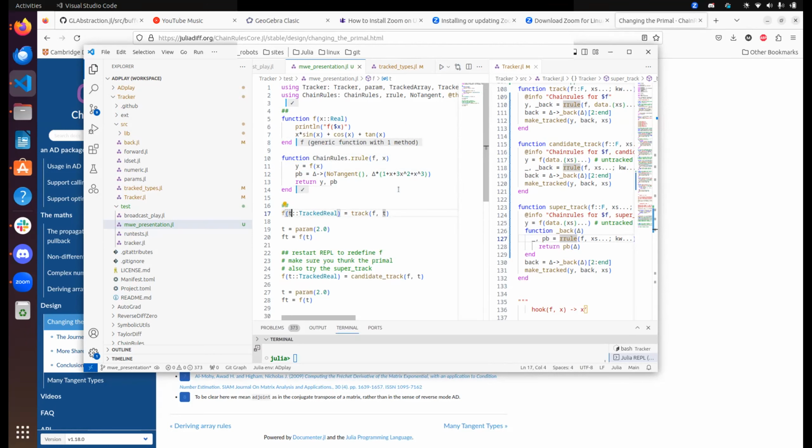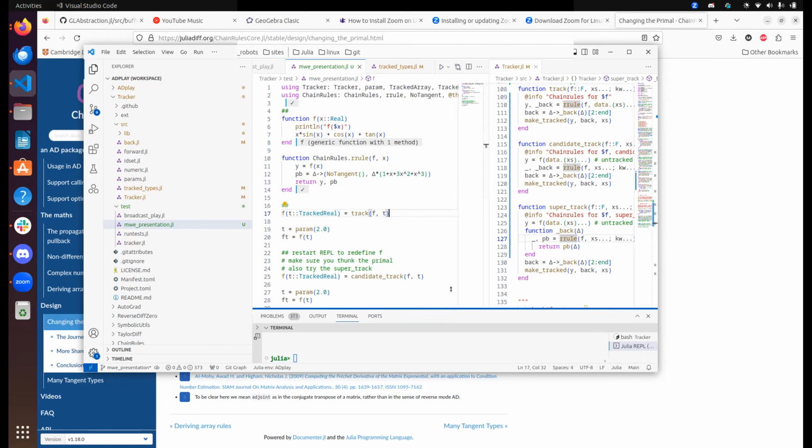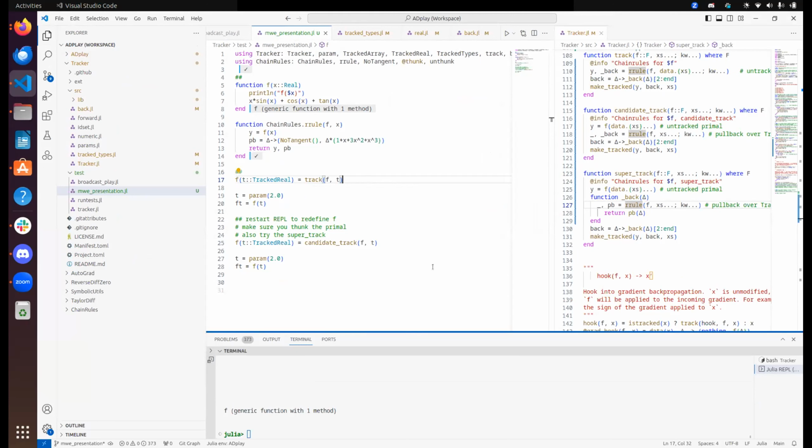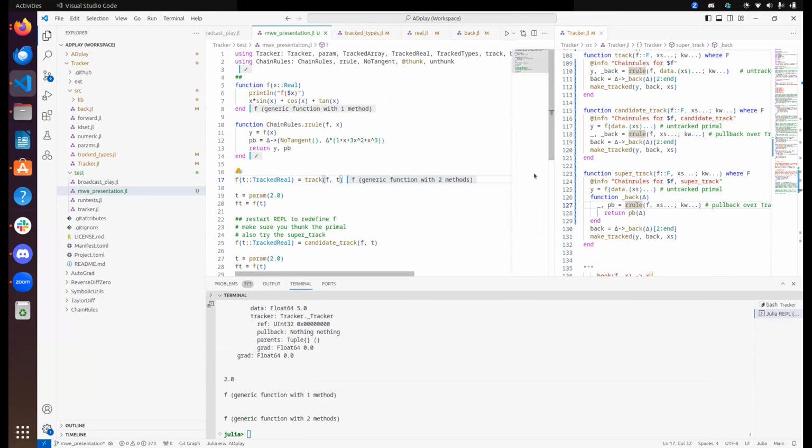Now I want to track this function. So whenever I call my function on a TrackedReal, I call the track method from tracker. Now you should see the console here. Okay. Now let's create a tracked real number, which is this time 2.